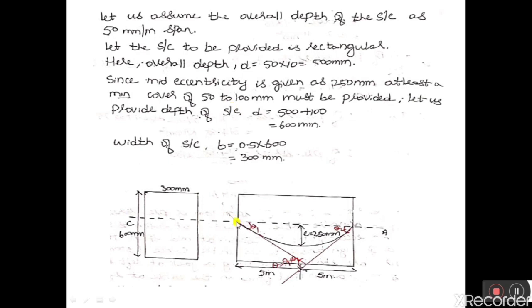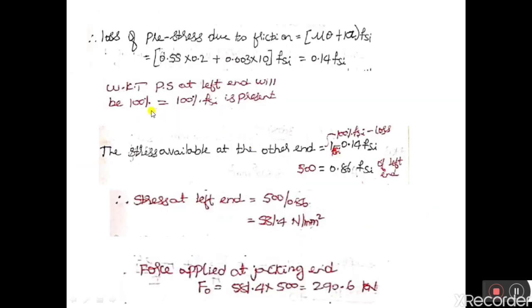We have 100% pre-stress here at left end or jacking end, and the pre-stress has been reduced by 0.14 Fsi due to the friction between the cable and the duct, and here the pre-stress is 500 Newton per mm square. So next, the stress available at the other end.